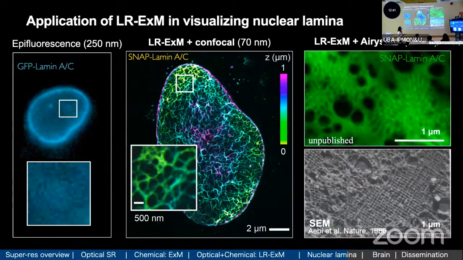I want to especially acknowledge Enrico and also Michelle and their working staff or scientist staff, Lorenzo, who helped us to take the first image of Airyscan in combination with LR expansion with the nucleus.